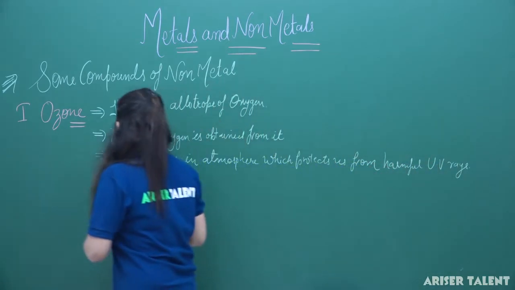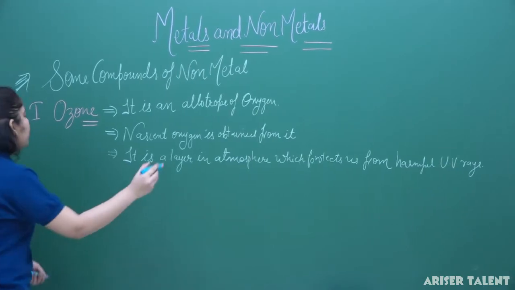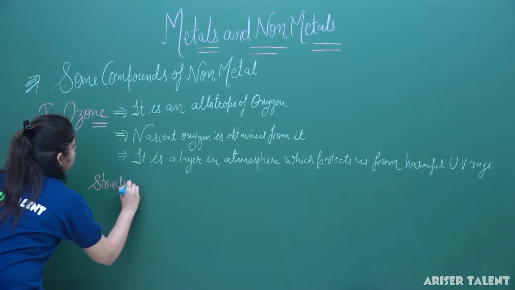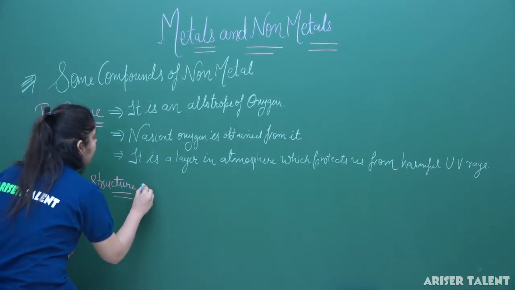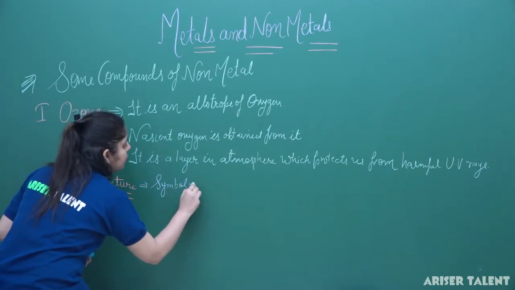So now we are going to discuss the structure of ozone, that is, what will be the structural formula for ozone. In the structure of ozone, we know that the symbol for ozone is O3.